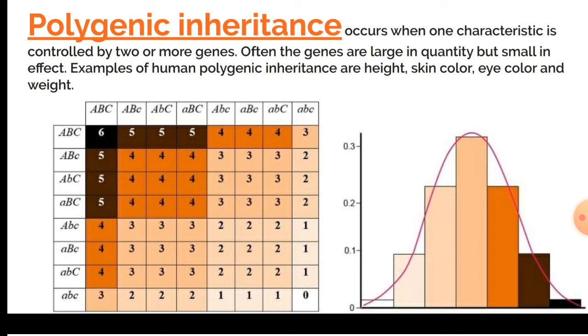In the last column, that is small abc and small abc, it is written 0 at the extreme right down. This means no dominant gene is present, and this is the lightest skin shade. Where 1 is present, it is slightly darker than this one, and then 2, and then 3.